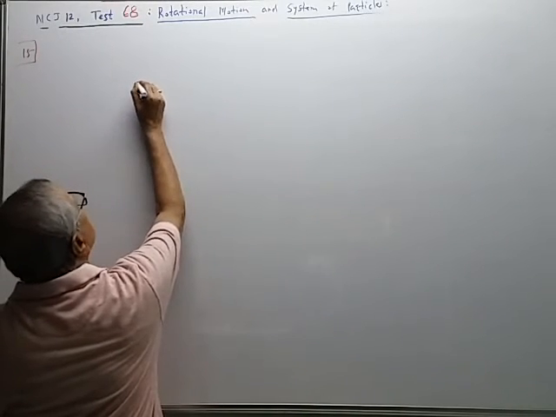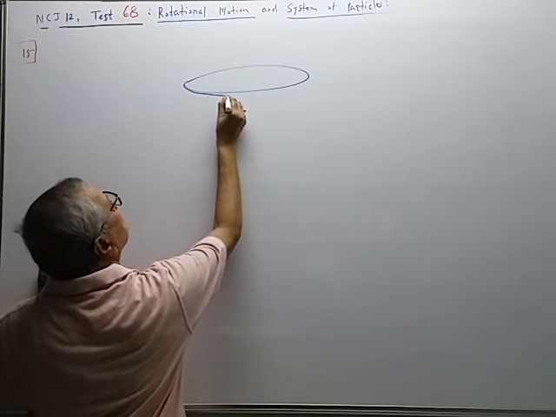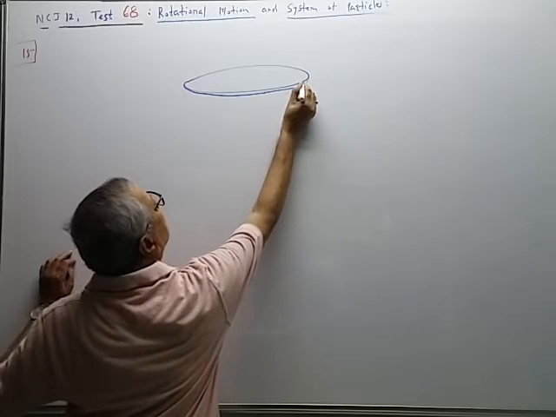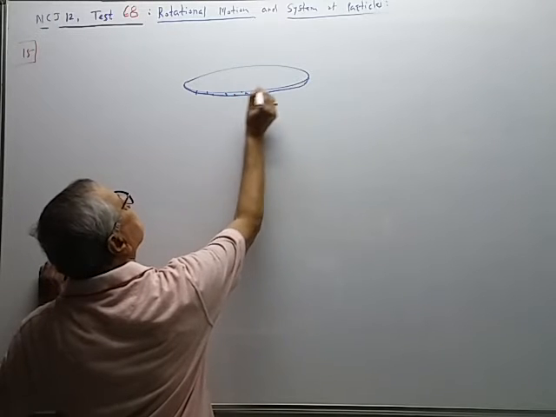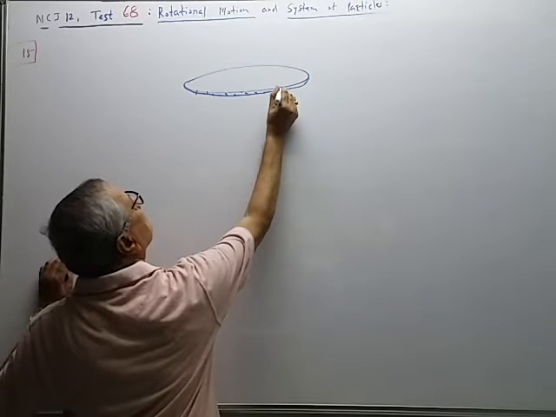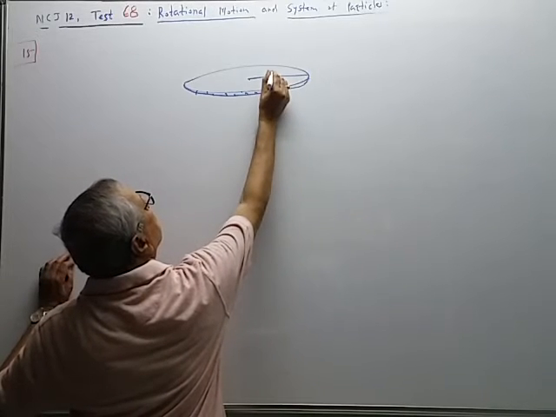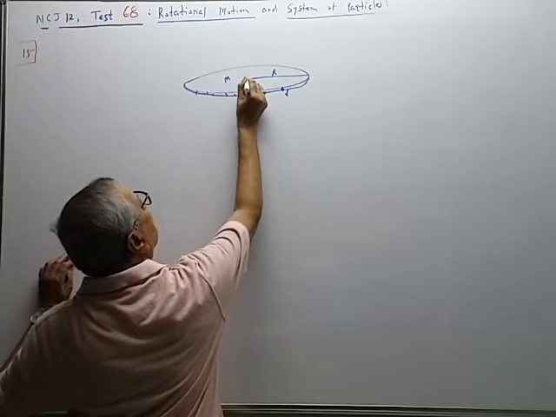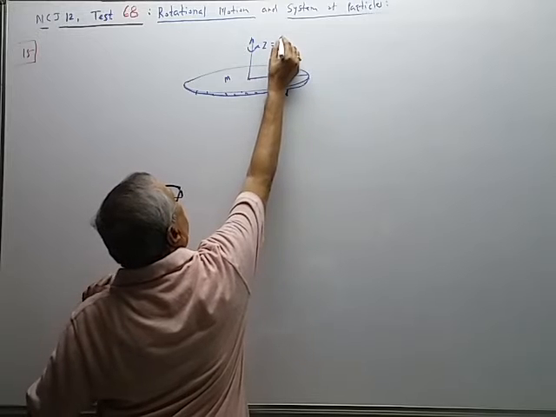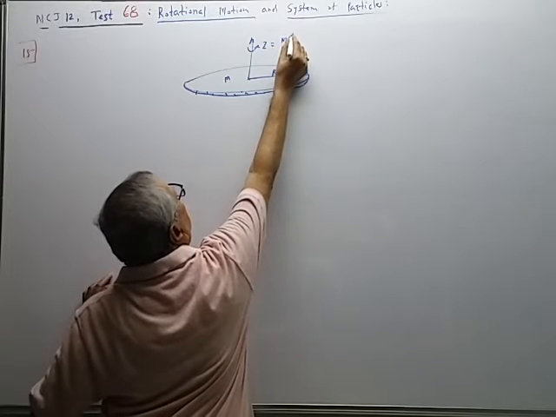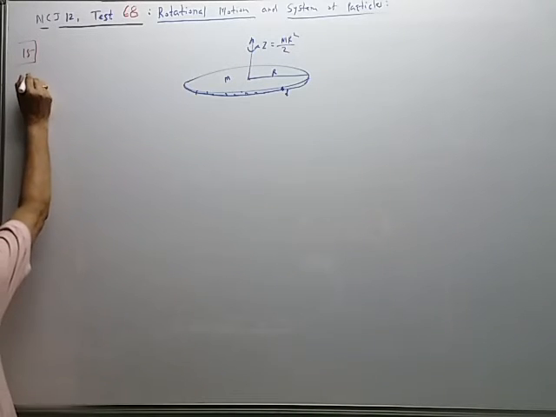The disc is shown like this. So this thickness is T. This radius is R. The mass is M. So about this axis, the moment of inertia is equal to mr square by 2.